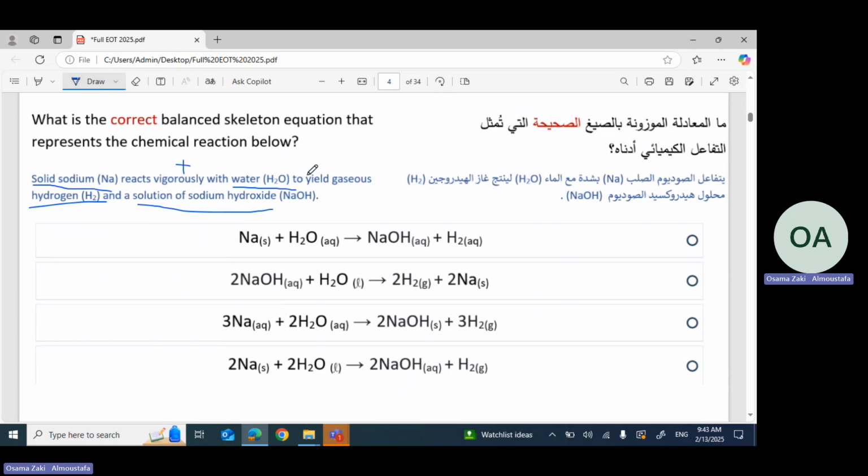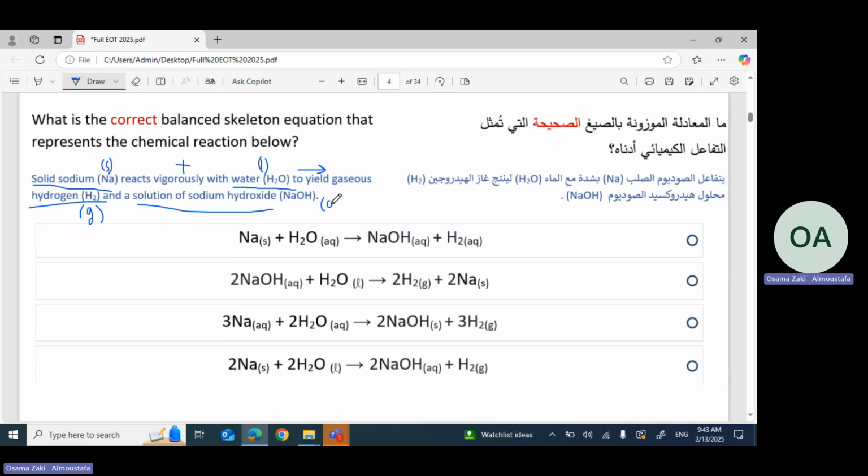Okay, so they will yield or produce H2 gas. So this is gas. Okay, but what about the sodium? Sodium here is solid. Here water is liquid. So this is liquid. Okay, and this one is solution. So we have here AQ.